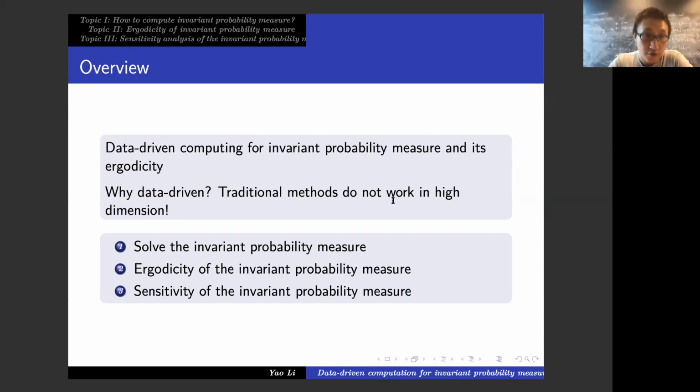It has lots of applications, and I'll mention one of them, called sensitivity analysis. If I perturb my system a little bit, how much would the invariant probability measure change? You're going to see that these two things are actually equivalent. If you have a good estimate of ergodicity, then you have very good control of the sensitivity. That's one of the reasons why this ergodicity is so important.